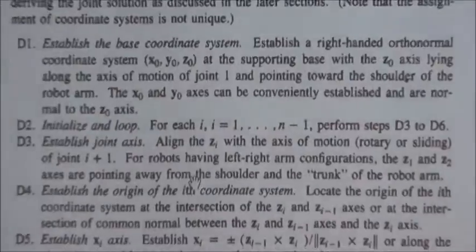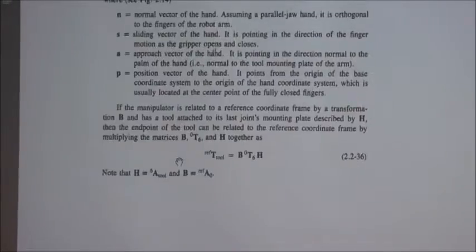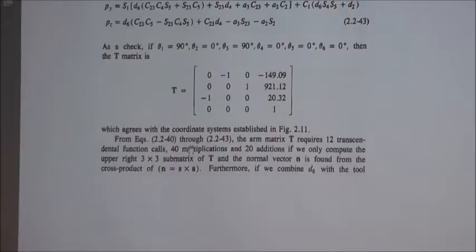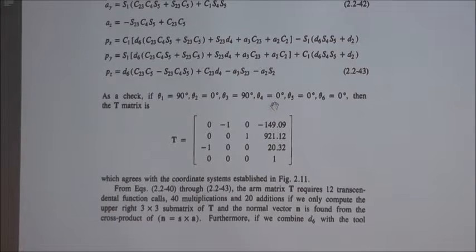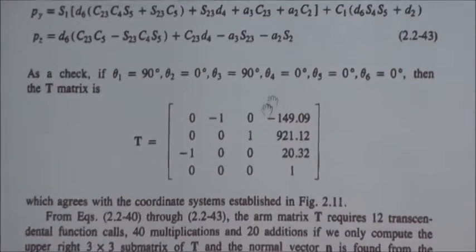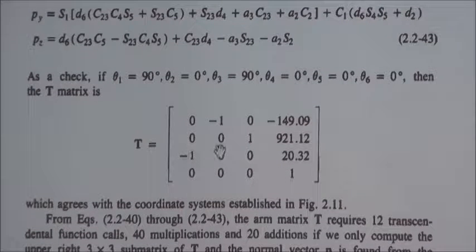So, if we give those angles to the resulting T, it's going to come out like this. This is the configuration of the Puma 560 in its base location, in home location. Home location always has the robot pointing to the ceiling because that's the safest way. It will not harm anybody.